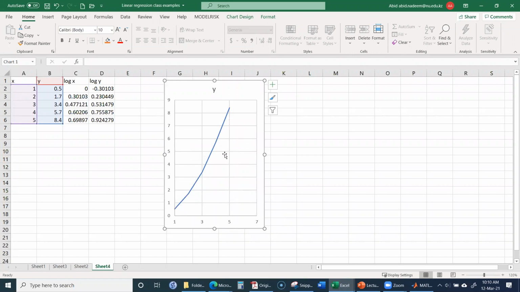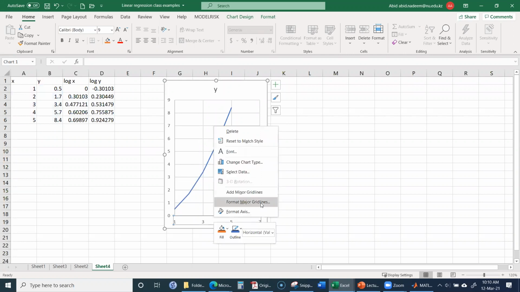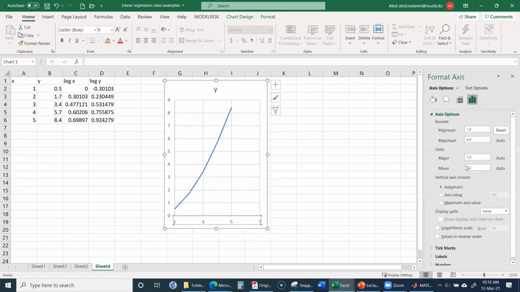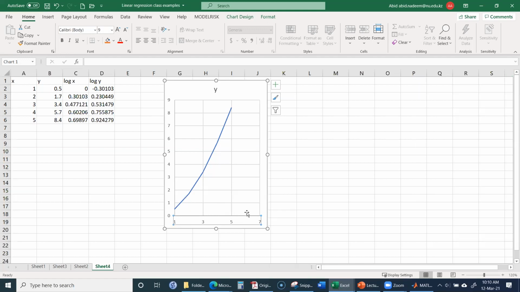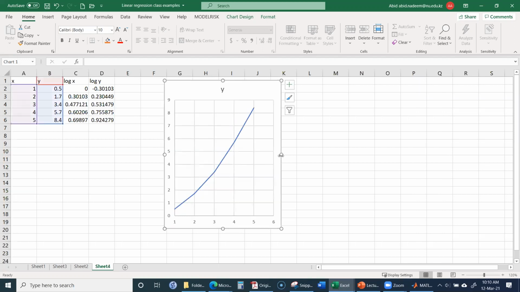Okay, so maybe format axis, and then on the x-axis boundaries are here, maximum is 6, units are 1. Yeah, so this looks like this. So this is the non-linear graph over here. So it is not a straight line.